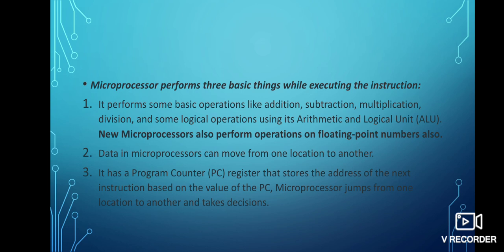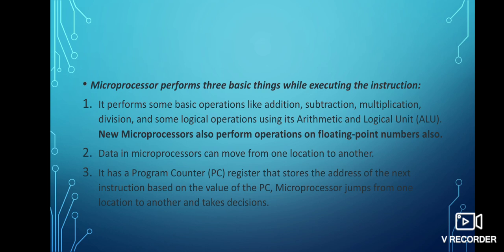A microprocessor performs three basic things while executing an instruction. First, it performs some basic operations like addition, subtraction, multiplication, division, and some logical operations using the arithmetic and logical unit. Modern processors also perform operations on floating point numbers.